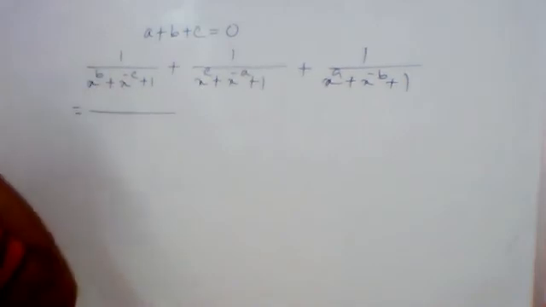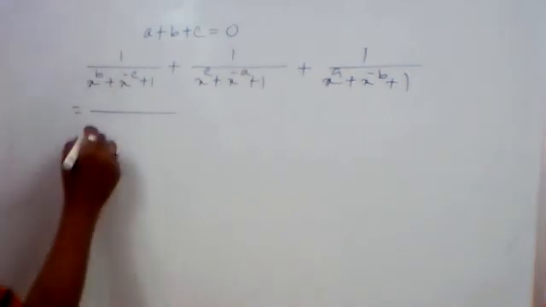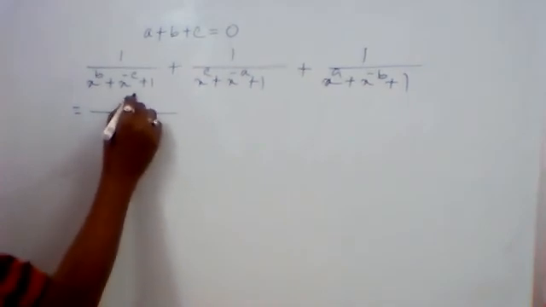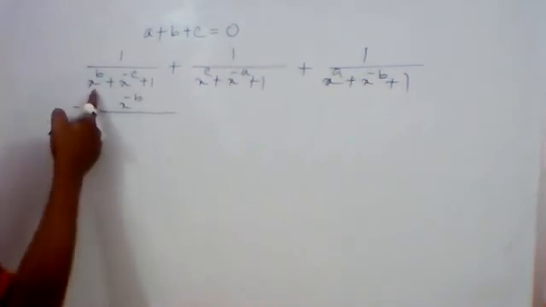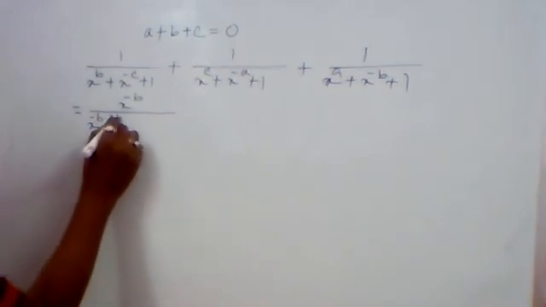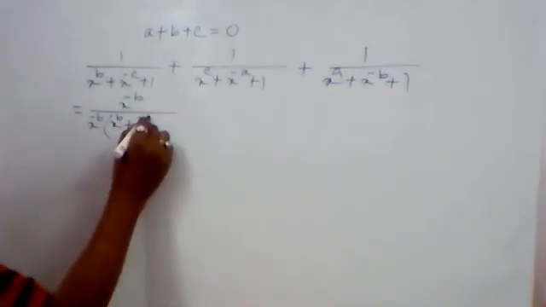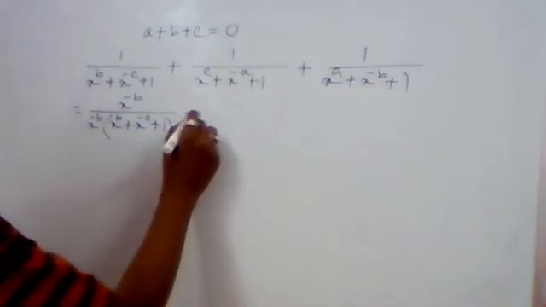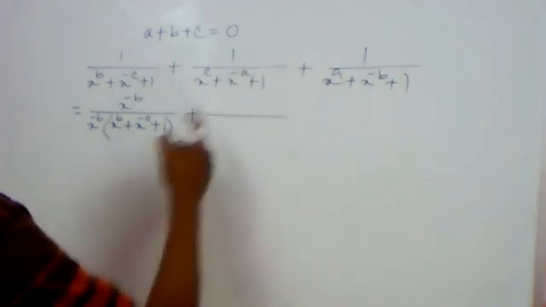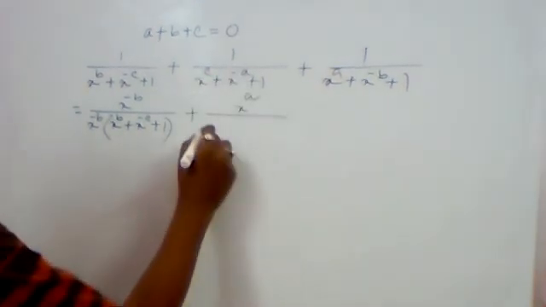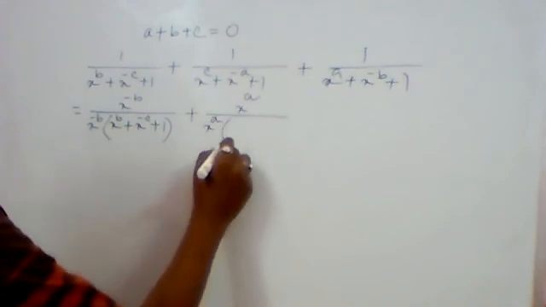Multiply this by x to the power minus b, numerator and denominator both. It will be what? X to the power b plus x to the power minus c plus 1. Plus multiply this one, the numerator also and denominator both, by x to the power a.